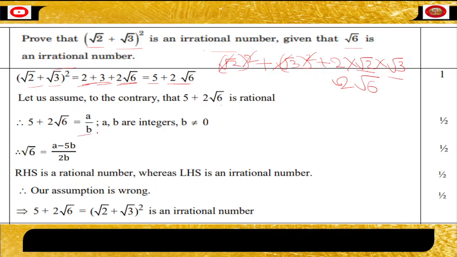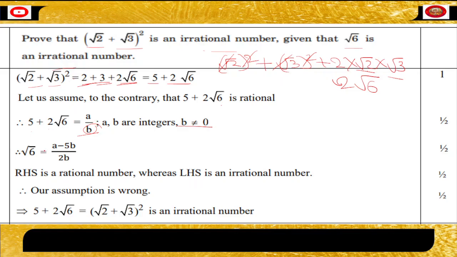A rational number is in the form of a divided by b or x divided by y. That means 5 plus 2 root 6 is equal to a divided by b, where a and b are integers, b cannot be equal to 0. If b becomes 0, then it is not a rational number.